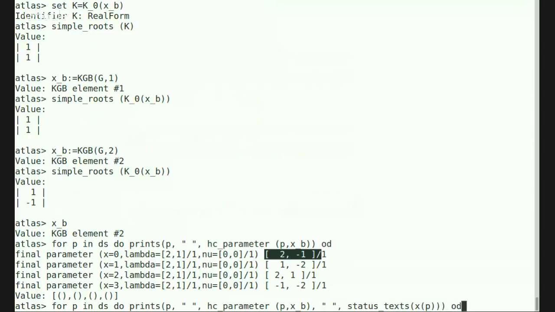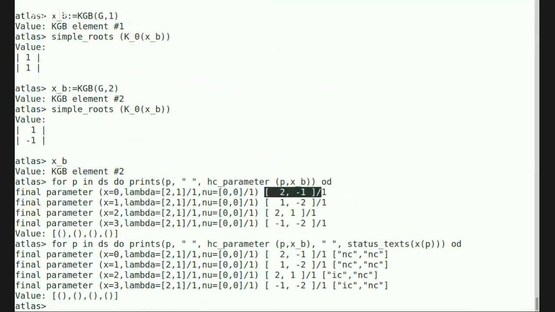I got the syntax right there. Yeah, there we go. So I'm looking at the status of the simple roots for the corresponding x's. The software always chooses x0, for the quasi-split group, to be the large Borel, which is to say both of the simple roots are non-compact.